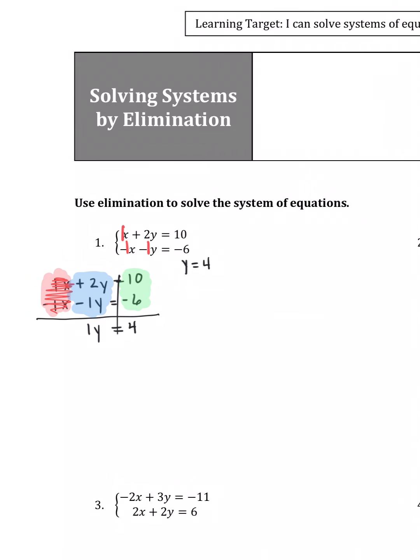In order to solve x, we have to plug the y in wherever there was a y. I'm just going to take this first one right here, and I'm going to plug that 4 in where there's a y. I see I have a y right next to this 2 times y. So instead of writing y right there, I'm going to put a 4 in there.